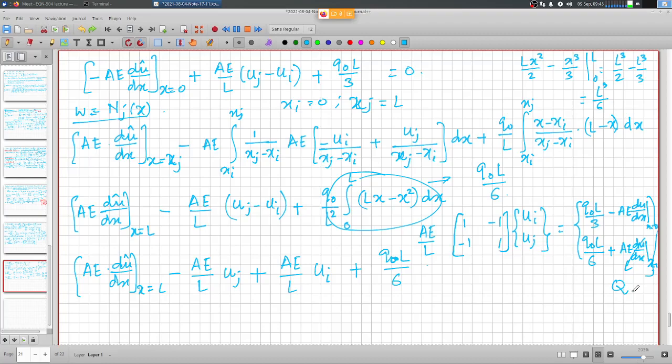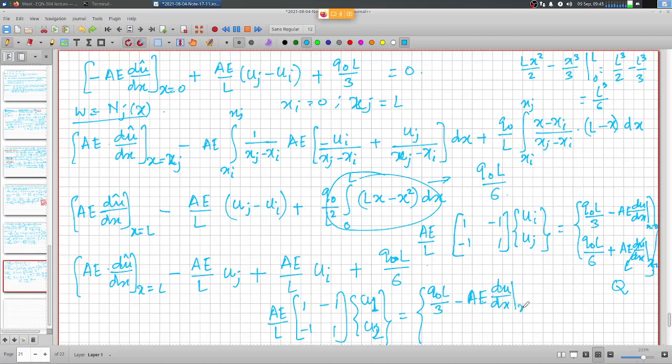A times du by dx at x is equal to L is equal to Q. So we impose that, and the equation that we are now dealing with is [1 -1; -1 1] times u i, u j, or I can just say u1, u2, is equal to Q naught L by 3 minus AE du by dx.